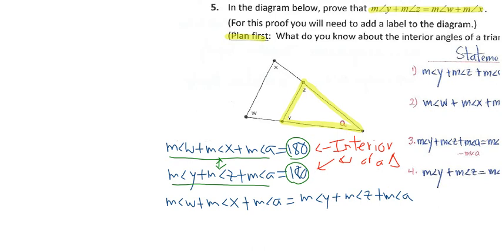And we're getting this by the transitive property. So now one more time, we compare this equation with what we want to have at the end, which is this one.